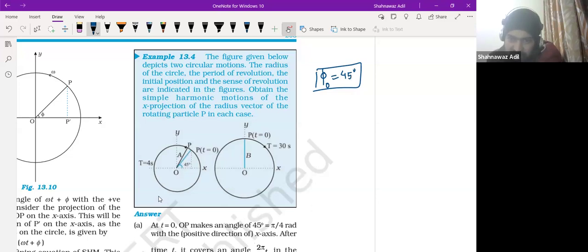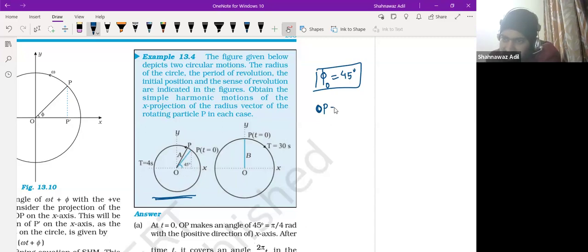So if you look at this diagram, now they are saying, what would be the projection of this P vector? So if you write, let's say this OP, and let's say this angle is omega t.